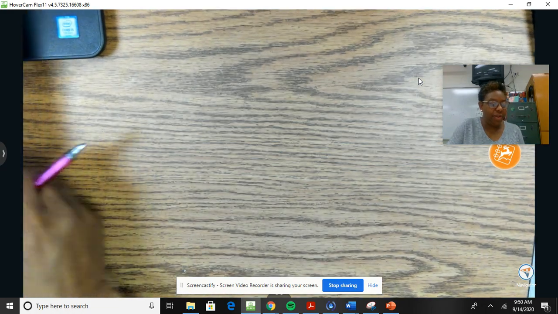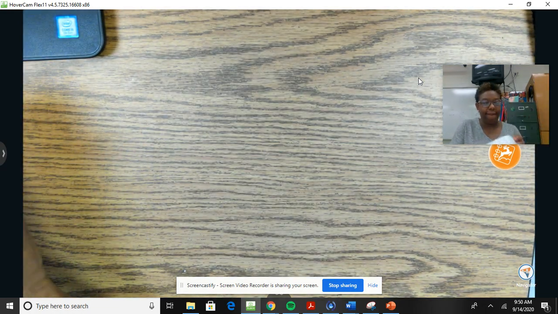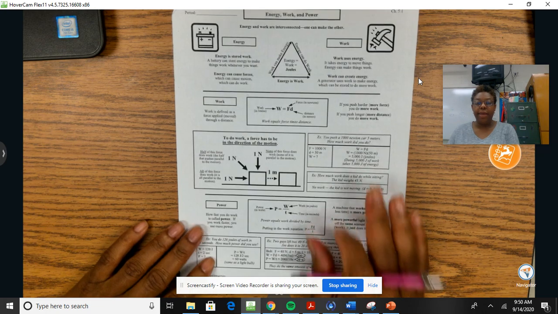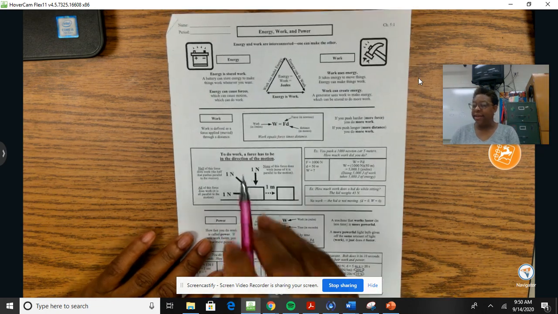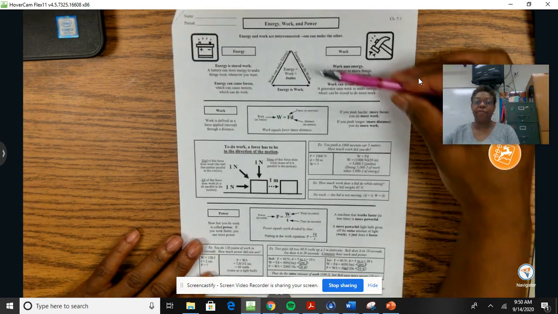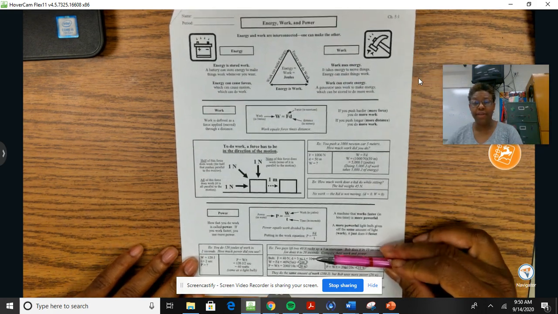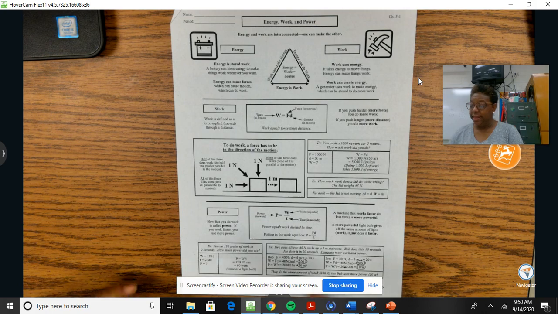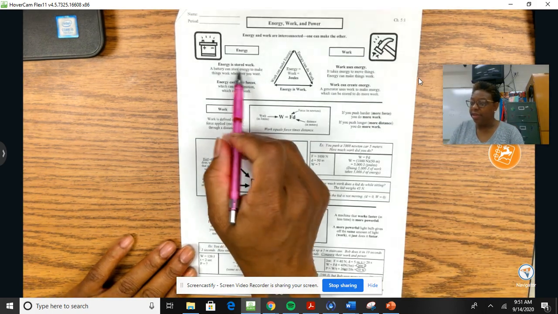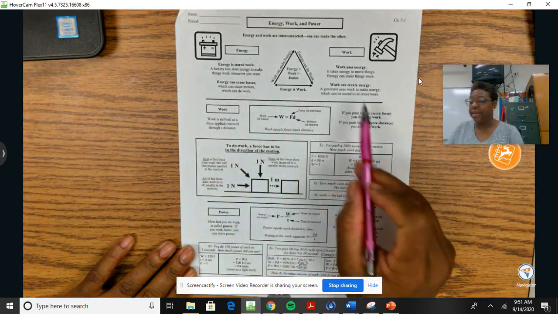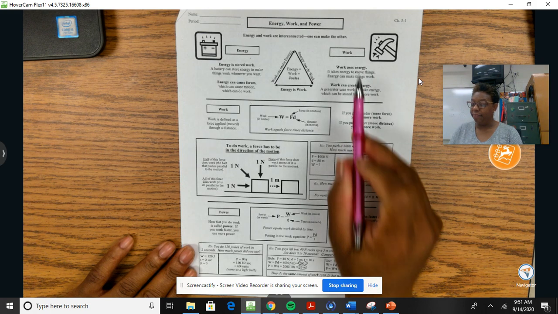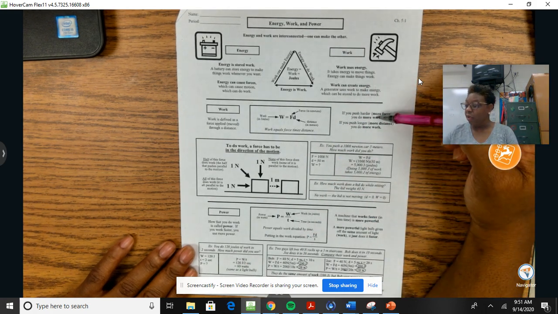All right. I want to show you a couple of the worksheets that I'm giving you today, and then I'm going to call it good. So a part of today's assignment, it's entitled Energy, Work, and Power, but this front sheet is just information. There's nothing for you to do on page 1 of today's assignment. These are actually notes. Okay, so it tells you about energy, it tells you about work, and some specifics about work, right?